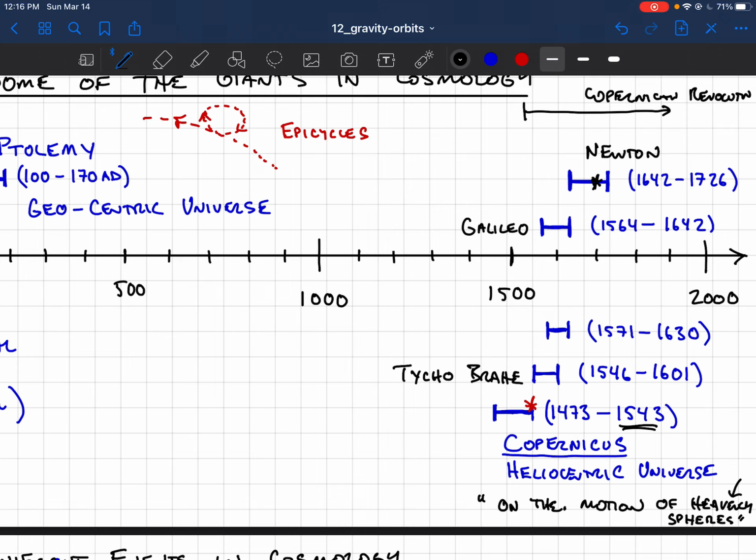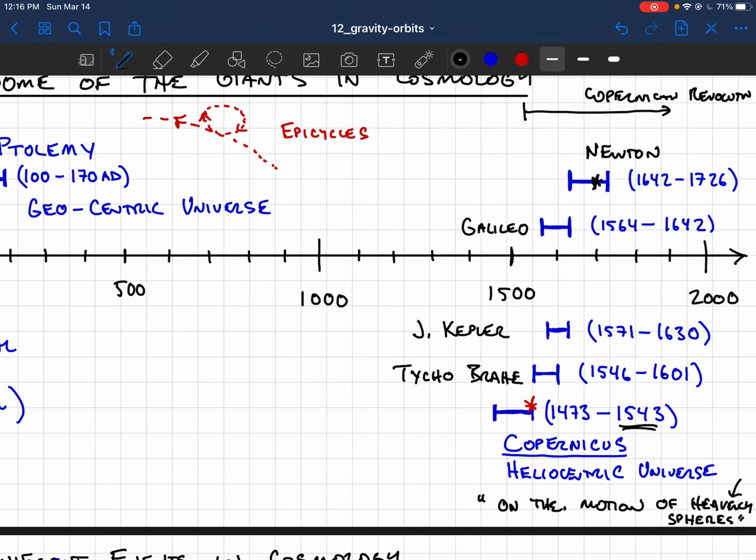Tycho Brahe was sort of the last of the naked eye astronomers. Galileo is probably the first to make important use of a telescope. And then Tycho Brahe took on a student later in his life named Johannes Kepler.